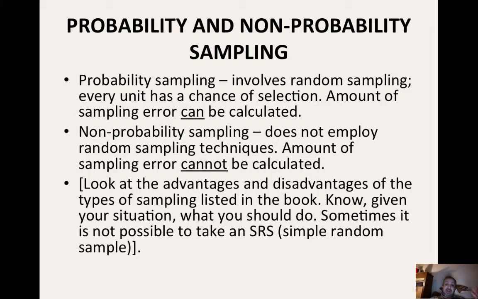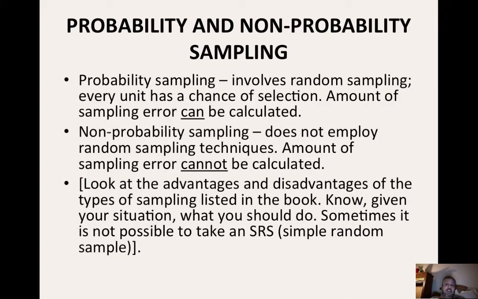In some cases, you just have to make do with non-probability sampling techniques, and there are ways that you can mitigate the disadvantages, and you can compensate and still produce a pretty good study. There are a lot of studies out there. I've published I think 1 or 2 studies that employed non-probability sampling techniques where I just could not get a list.